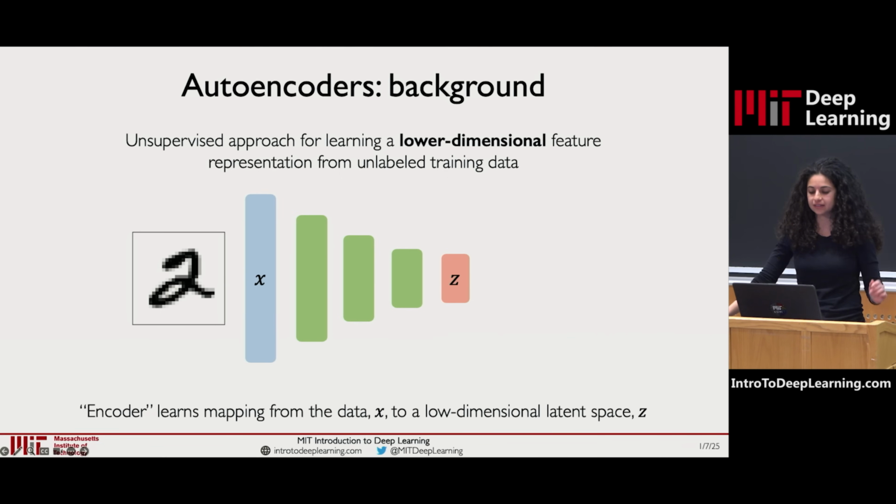Let's say it's convolutional layers. And ultimately, what an autoencoder does is it takes these successive layers and tries to output a low-dimensional latent space, a representation of that data, which is our goal in what we're trying to model and try to predict. We call this network an encoder because we're mapping the data X into this set of latent variables z.